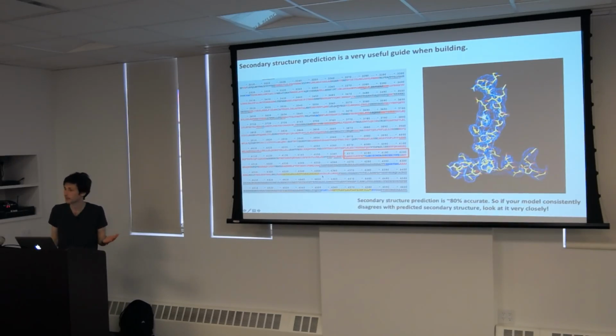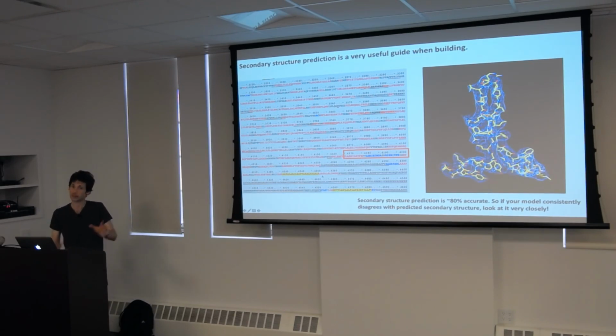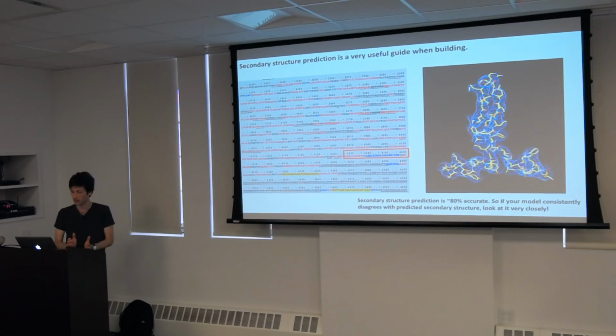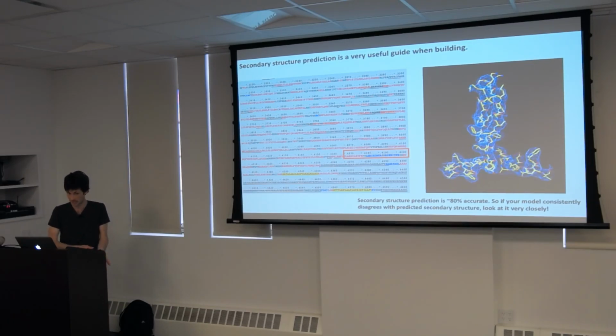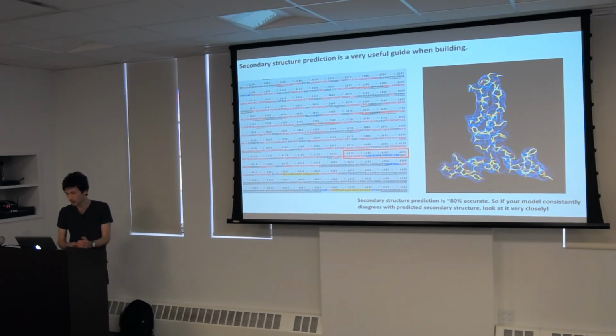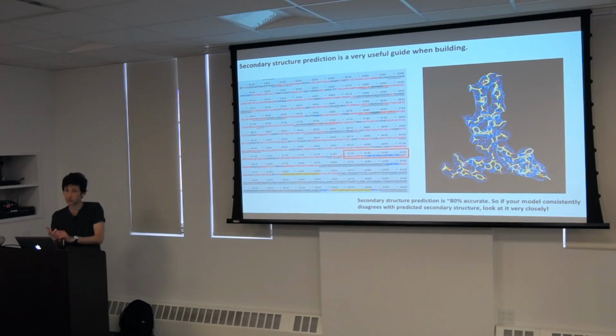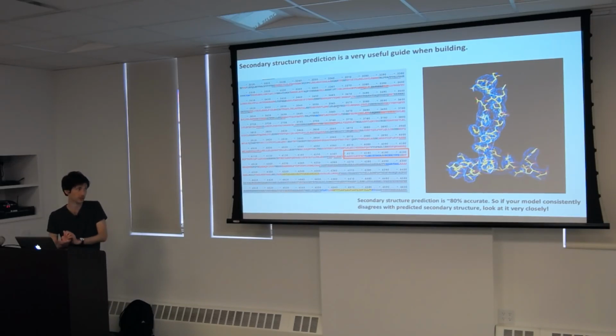And it turns out that that is actually the only region that is predicted to have beta sheet structure, and it's the only region that does, as it turns out, have that. And as I mentioned, secondary structure prediction is pretty good, so use it to guide you.